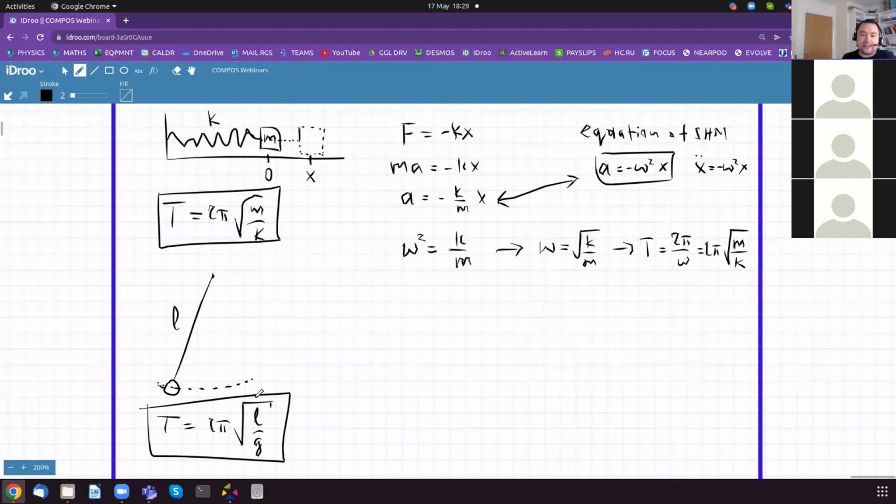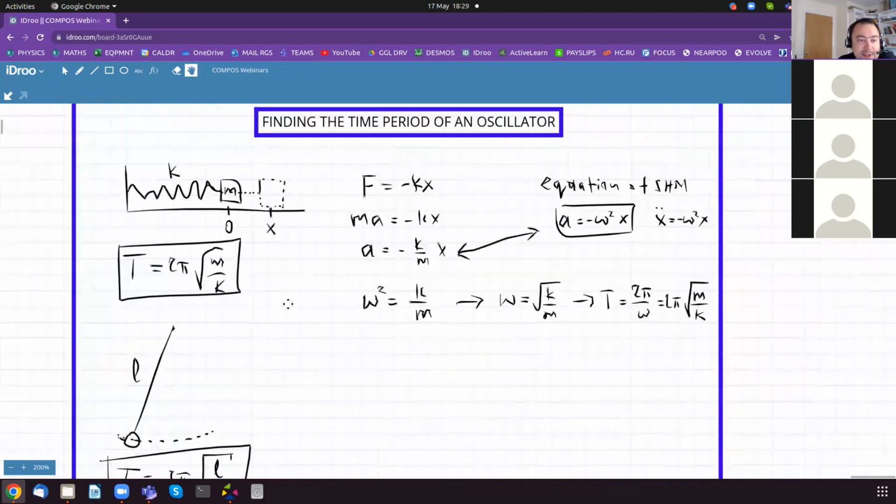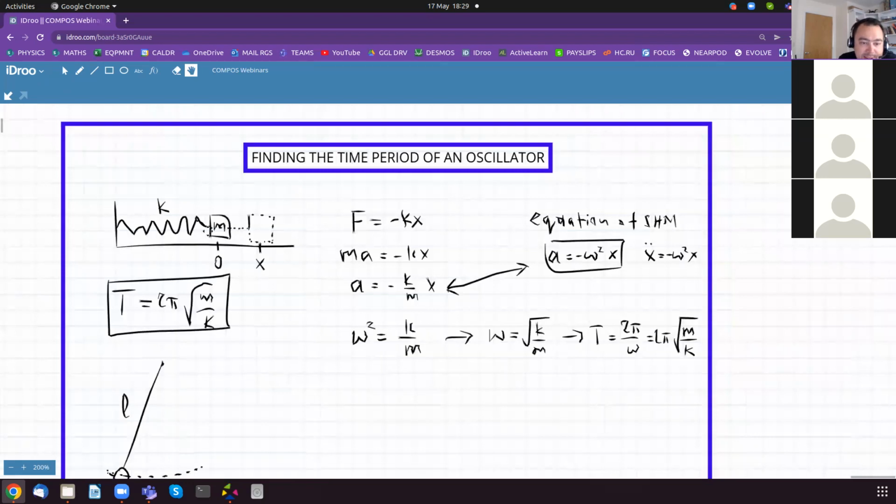But the strategy, and I will do this several times today, the strategy to find the time period is this. You displace the mass by a small amount. You look at the forces involved. You write down Newton's second law.